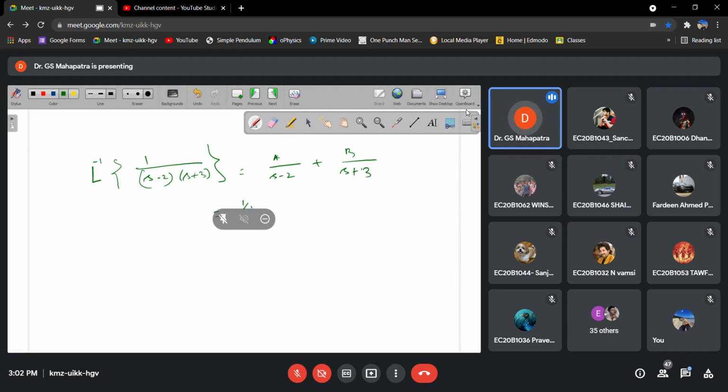So that equals 1 by 5 into 1 by (s minus 2) minus 1 by 5 into 1 by (s plus 3). I have written the Laplace wrongly.